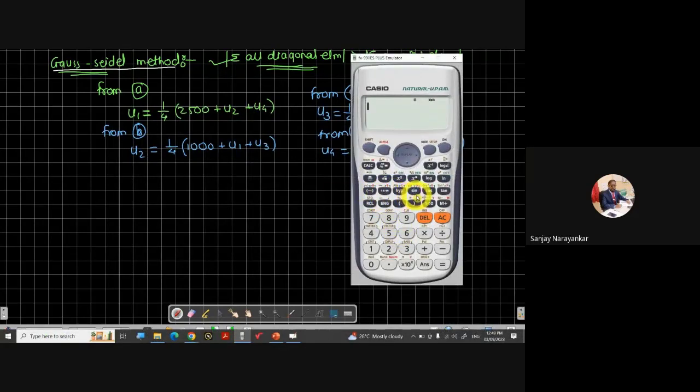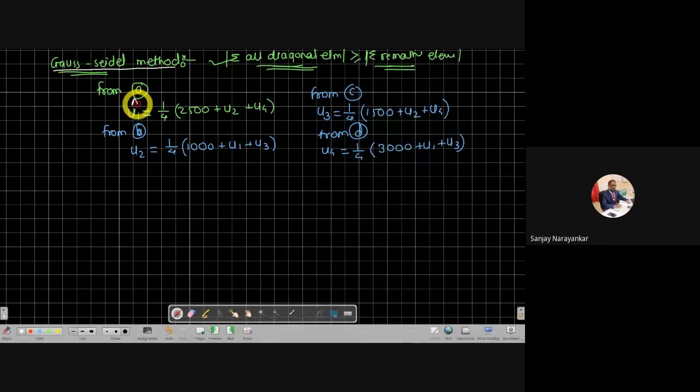A, B, C, D. So U1 is A, U2 is B, U3 is C, and U4 is D. Now I will have a modification: U1 is A, here U2 is B, and U4 is D. Then here U3 is C, here U2 is B, and U4 is D. Here U1 is A and U3 is C. So you can write these equations.